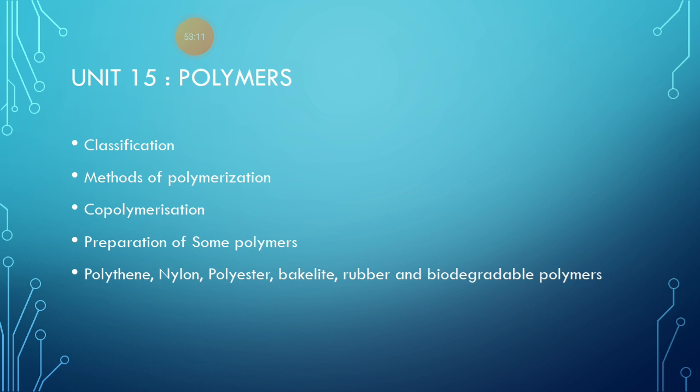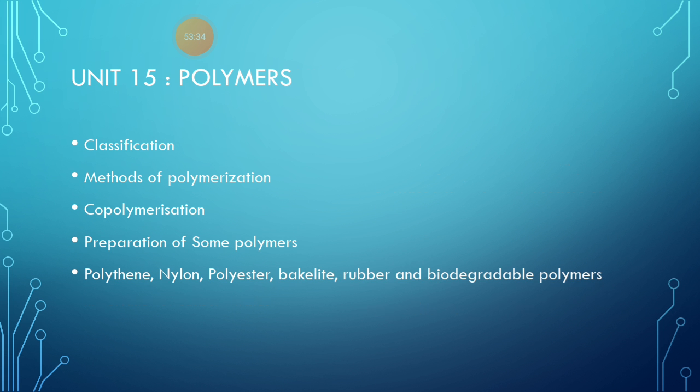The next topic comes from polymer chemistry, and the name of the topic is polymer. In this topic we are going to learn about the classification of polymers and the method of polymerization. There are two different methods of polymerization: addition polymerization and condensation polymerization.